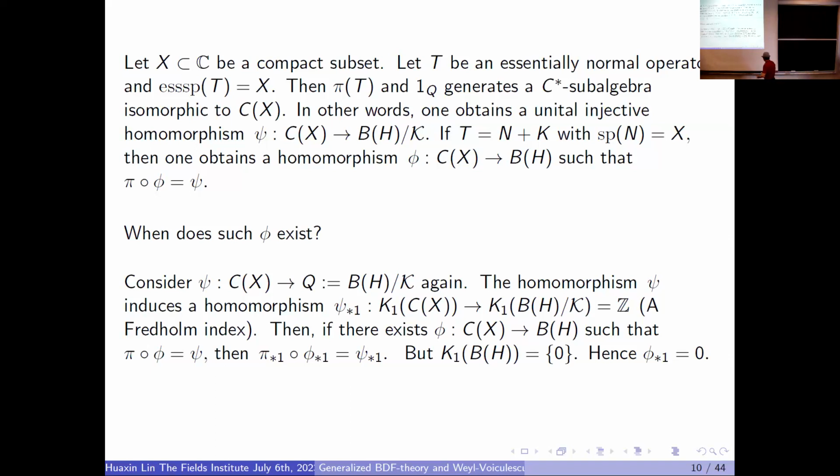This unitary is not connected to 1, so it cannot be lifted. We said that the shift operator cannot be written as a normal operator plus a compact operator, so that is how we know the K1 map is not 0.